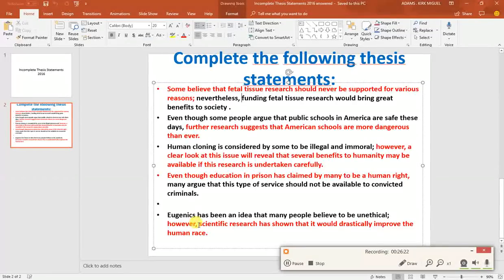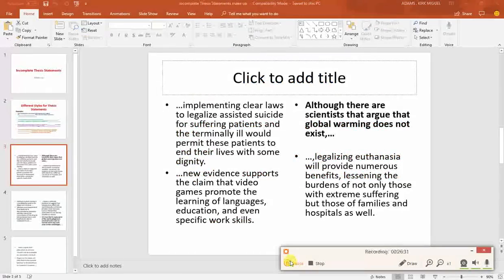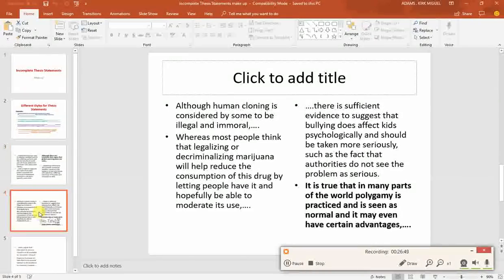Let me pause the video for a moment, and I can give you some more practice thesis statements. So I'm back. If you want to practice this more, you can take a look at any of these incomplete thesis statements. Obviously, you can pause the video. Here we have 4 half thesis statements.